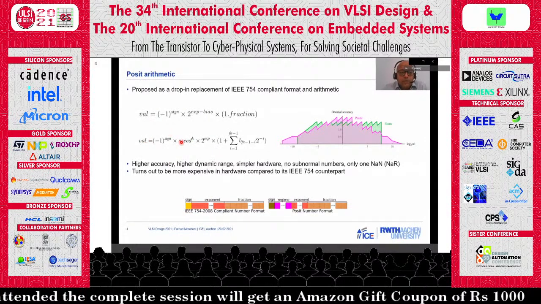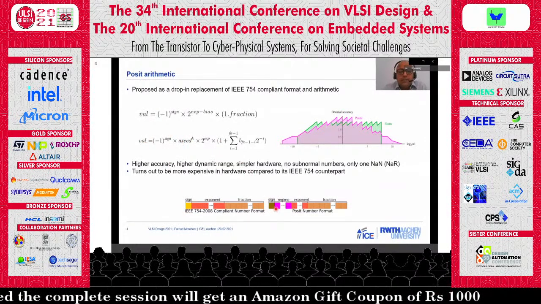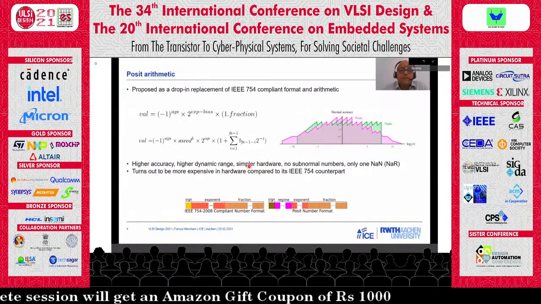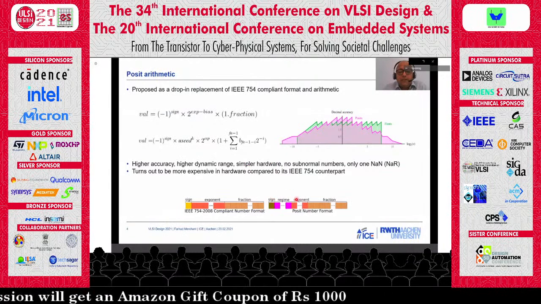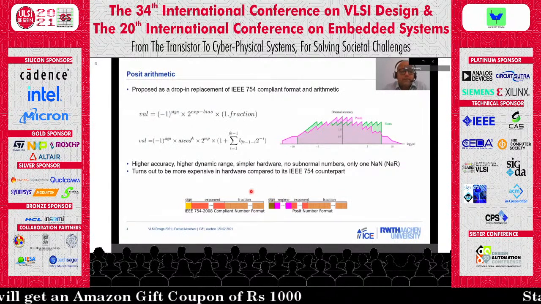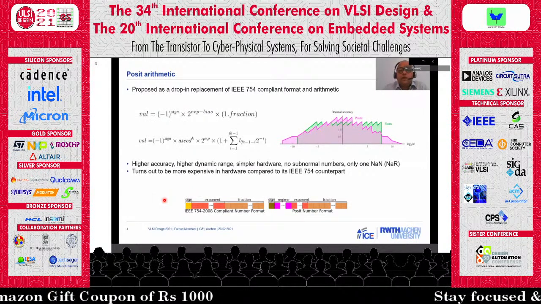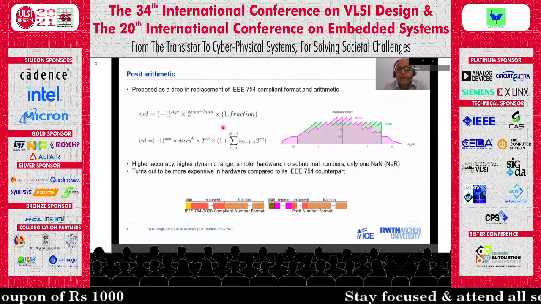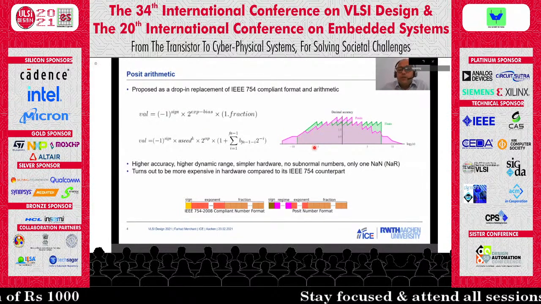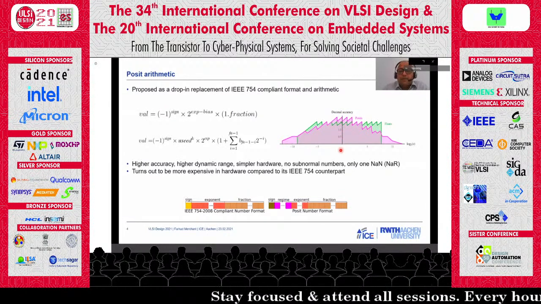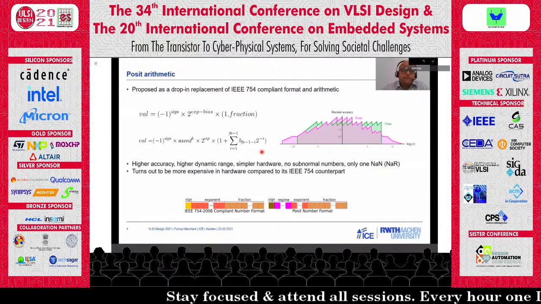In case of POSIT, you have a sign bit, then a regime field, then an exponent field, and then the fractional part. What extra you have here is the regime field, and its value is determined by the run length of 0s or the run length of 1s for positive and negative. What you can also observe in this graph is that POSIT has tapered accuracy compared to floating point.